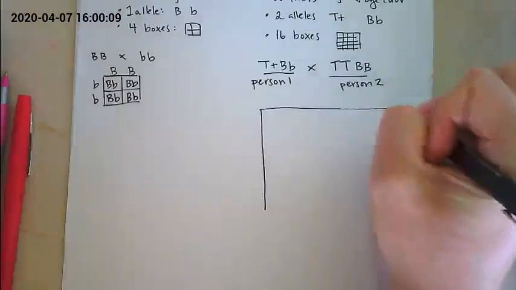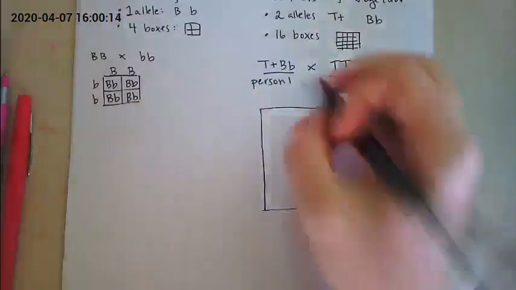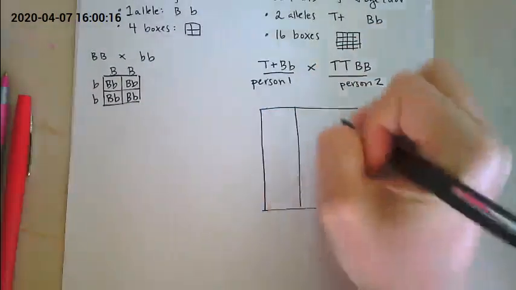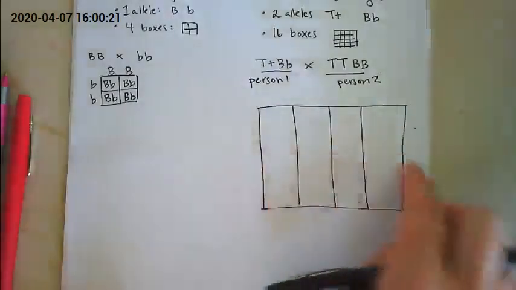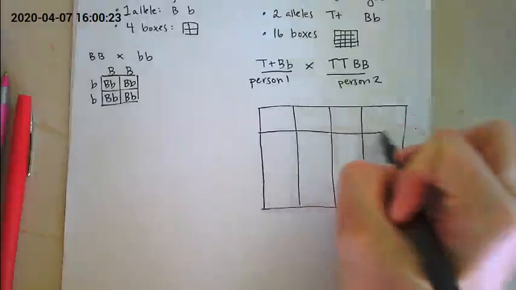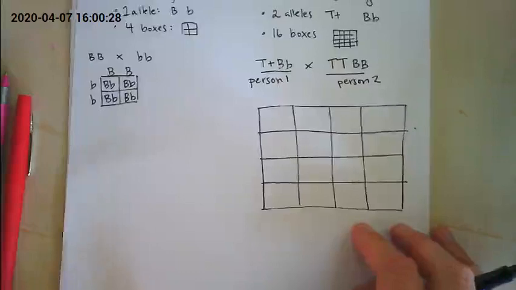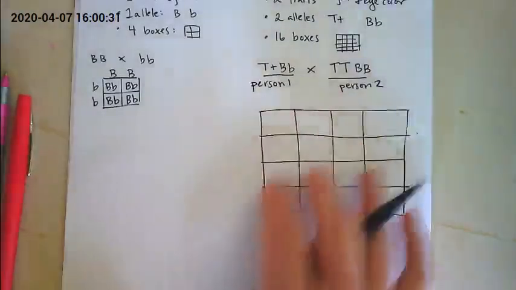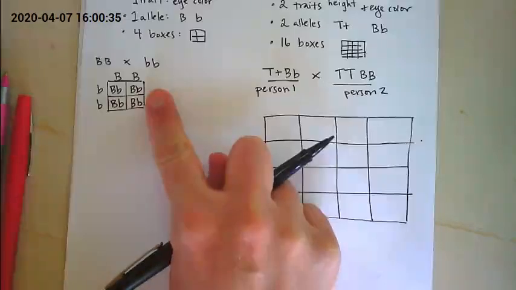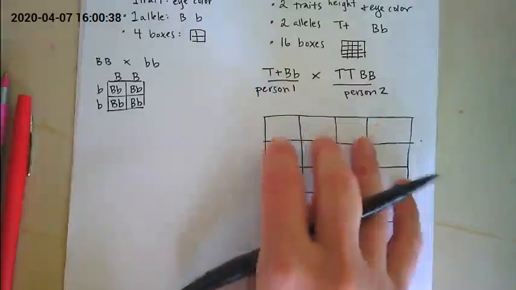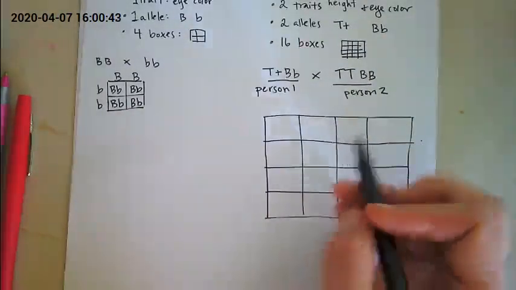You'd want to give yourself a lot of space. It's going to have to be much bigger than the 4-box. 1, 2, 3, right? 3 lines in the middle if we want 4 columns. 3 lines again. We're going to put letters on the outside just like we did for a monohybrid cross. There's a certain way to do that. I'm just going to show you what it looks like right now, and then we'll break down the steps of how I got there.